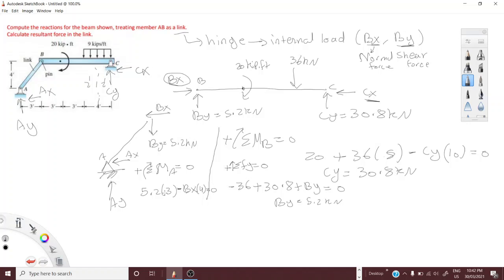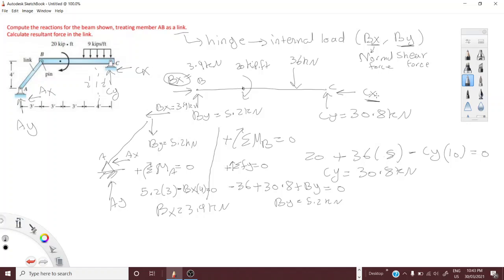So we have 5.2 times 3 equals 4 Bx, so Bx equals 3.9 kilonewton. The assumption is right. So Bx, the other part, is 3.9 kilonewton.